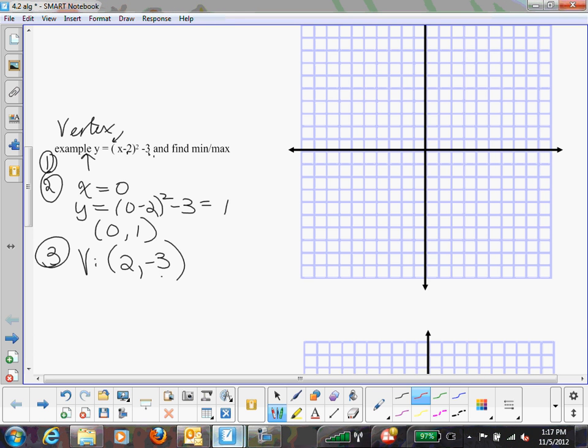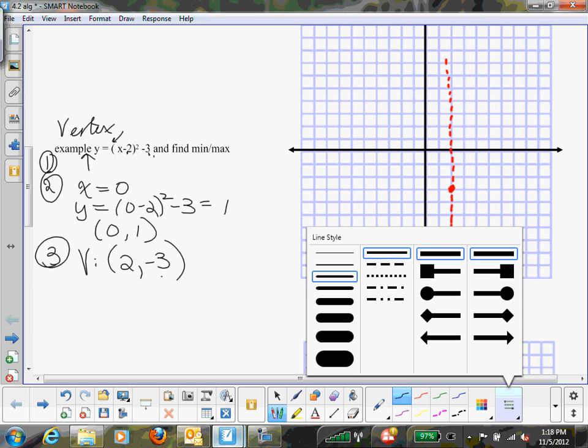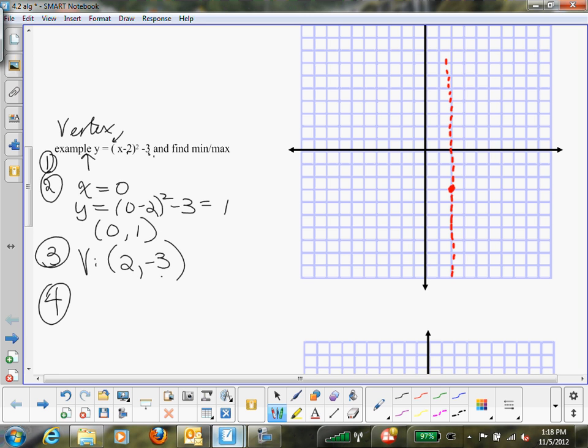Okay, get your red pen out. (2, -3) is my vertex, which tells me I'm going to run that axis of symmetry through that point. And that tells me then what is the equation of that line going to be? Isn't it always the x value of your vertex? Have you seen that connection? Okay, good. All right, we have (2, -3), (0, 1).